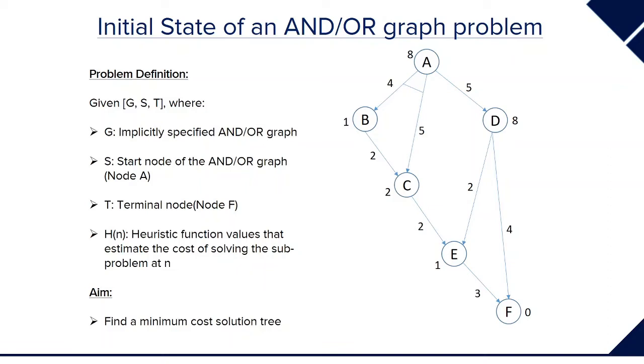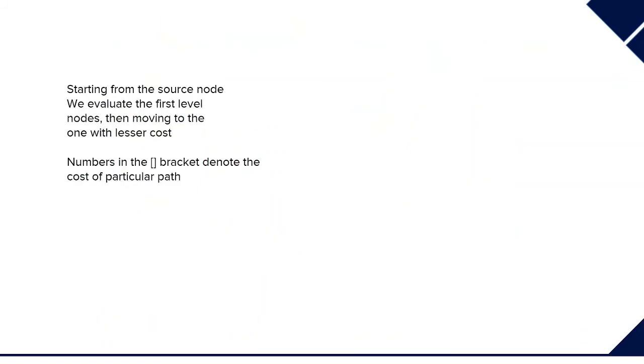In the next step, I will explain how we can arrive at the solution. So, starting from the source node, we evaluate the first level nodes and then move on to the nodes with the lesser cost. Now, in the square brackets, I have denoted the cost of a particular path.